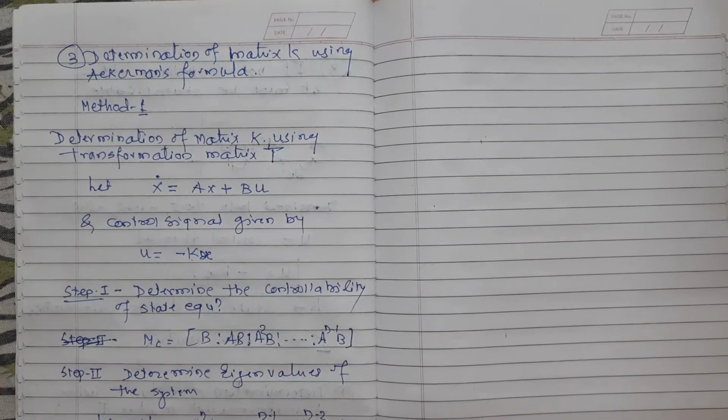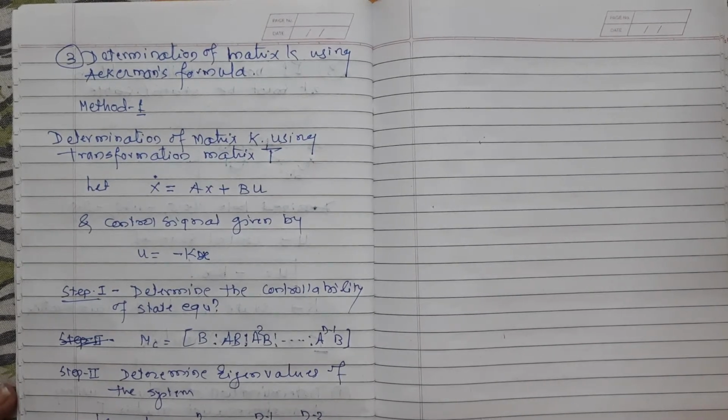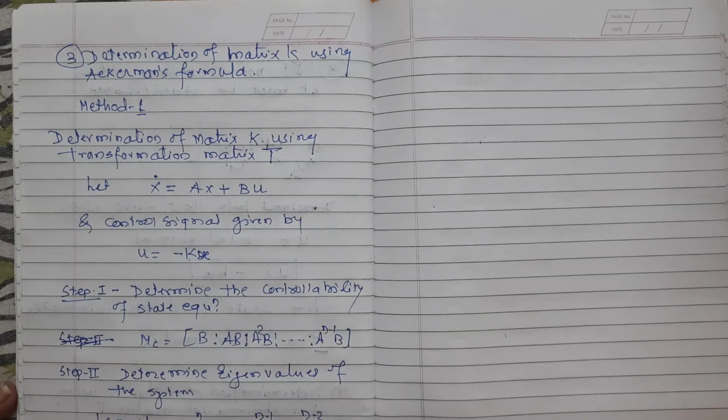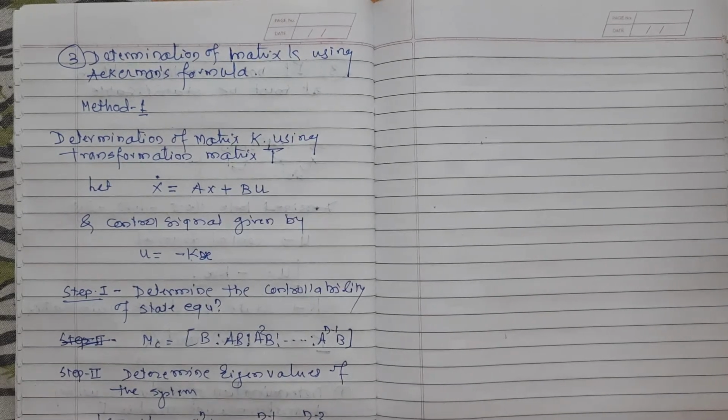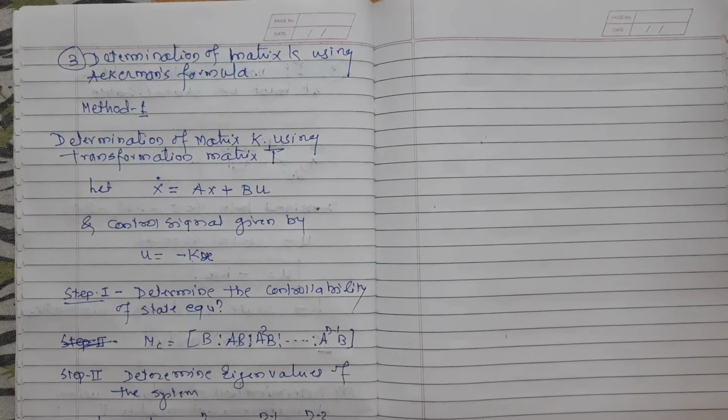Now here we will find sI minus A, where I is the identity matrix. We will find the determinant of this and have an equation in terms of s, with coefficients a1, a2 and so on.